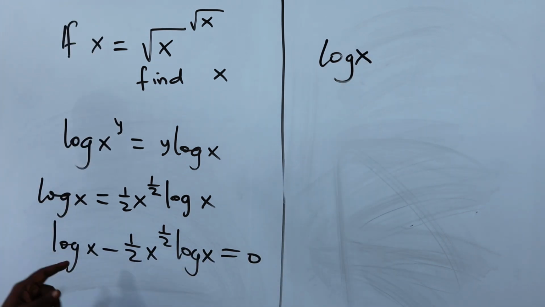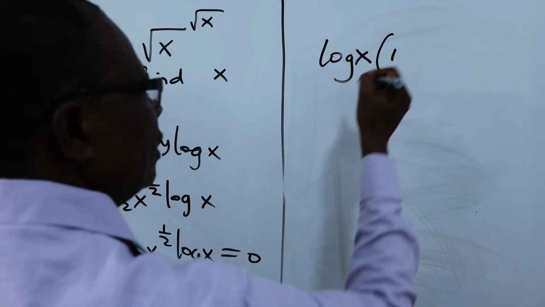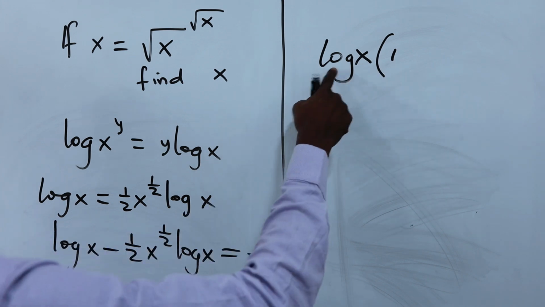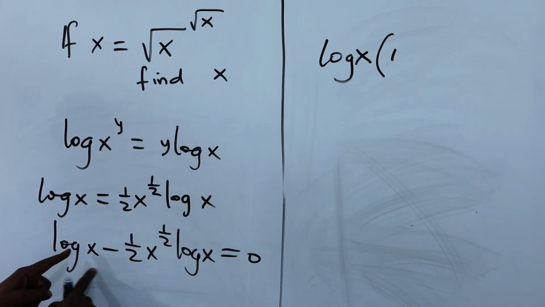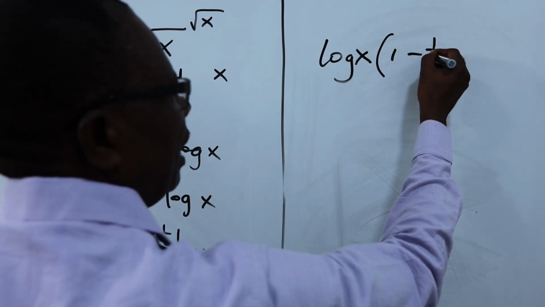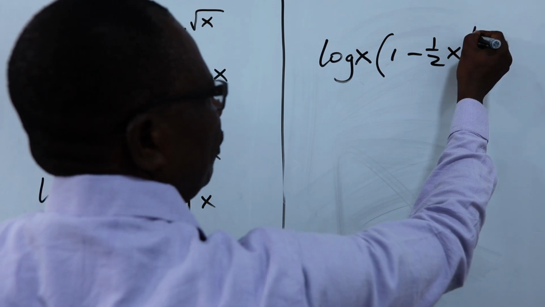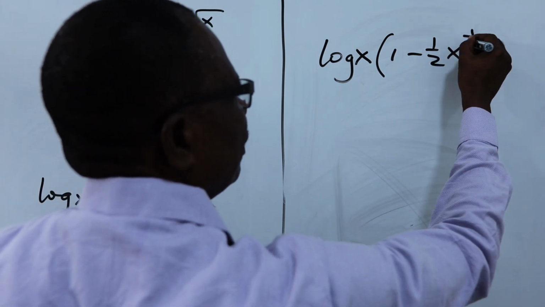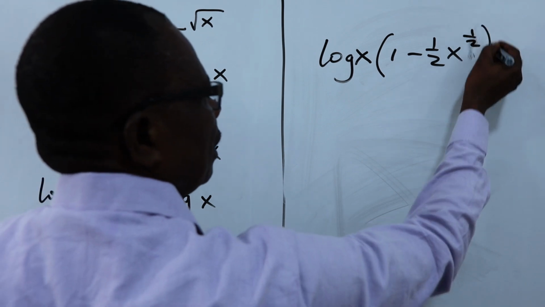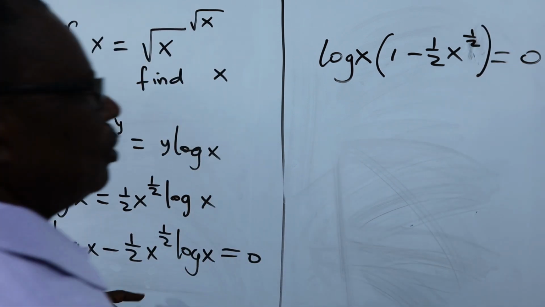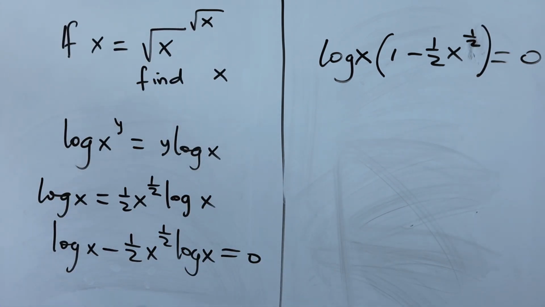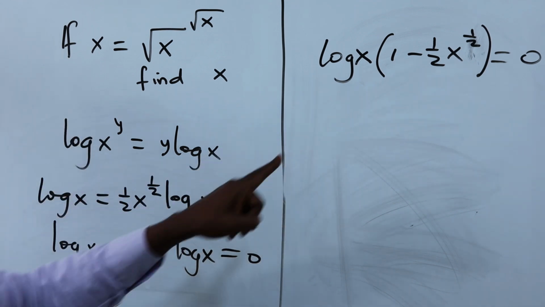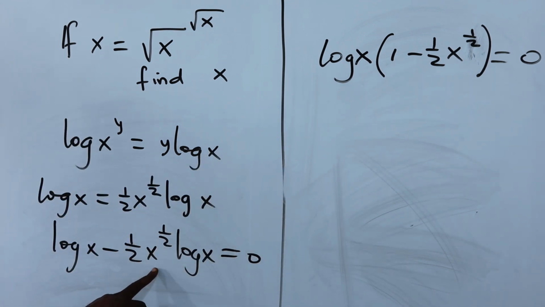We have log x into 1, because 1 times log x will give us log x, minus half of x raised to power half. This is equal to 0. Again, if you multiply log x by this is what you will have.